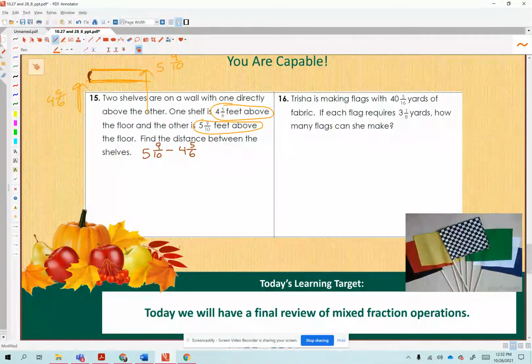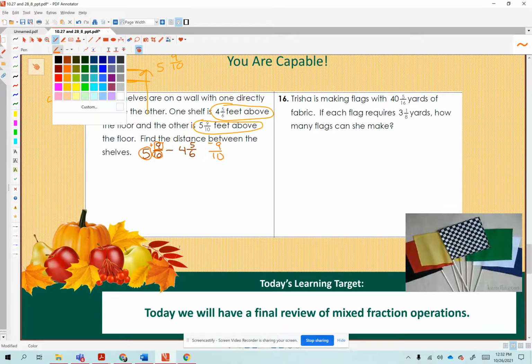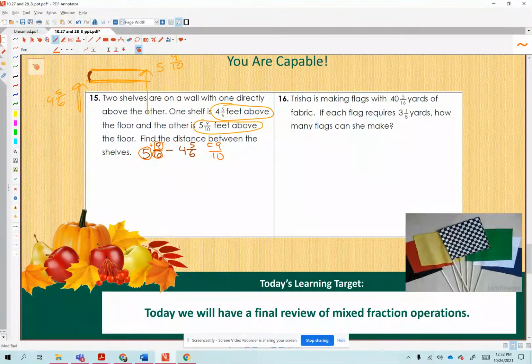So first, for the improper fractions, 10 times 5 is 50, plus the numerator of 9, so that's 59 over 10, minus 6 times 4 is 24, plus the numerator of 5 is 29 over 6.